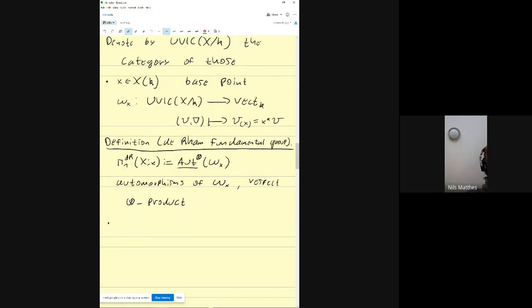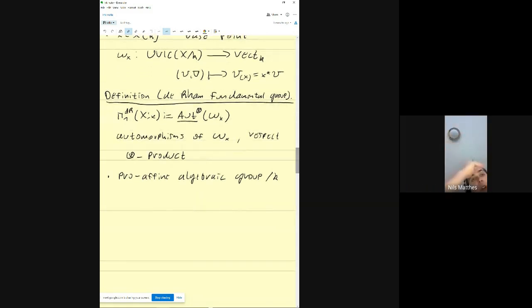More precisely, this is a pro-affine algebraic group over K. This just means that it's a projective limit of matrix groups. And that's the de Rham fundamental group.